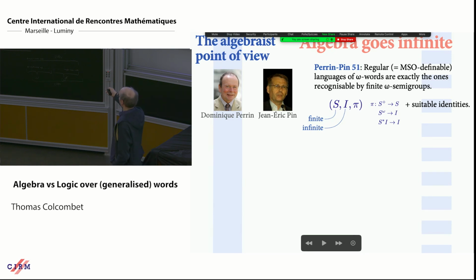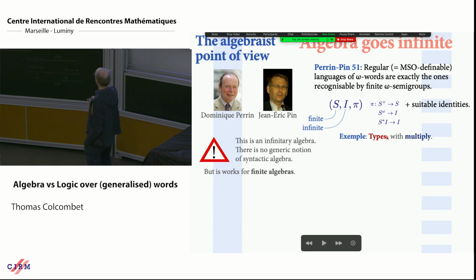And this product says, if you concatenate a certain number of non-empty finite words, you get a finite word. If you make a concatenation of omega length of finite words, you get an infinite word. And if you make a concatenation of finitely many finite words, then an infinite word, it should be an infinite word. And it should satisfy suitable identities.